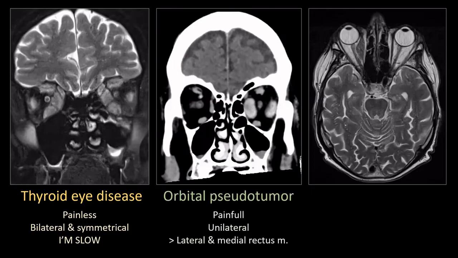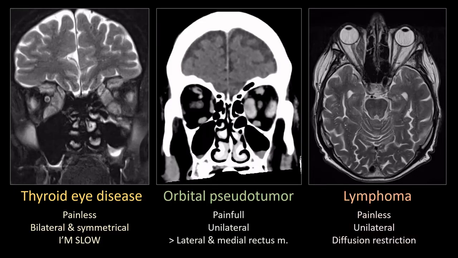In orbital pseudotumor or idiopathic orbital inflammation, the disease tends to be acute and painful, is unilateral in the majority of cases, and mostly involves the lateral and medial rectus muscles. And orbital lymphoma, then again, is generally a painless disorder, mostly unilateral, and the most distinguishing characteristic on MRI for orbital lymphoma would be the presence of diffusion restriction.